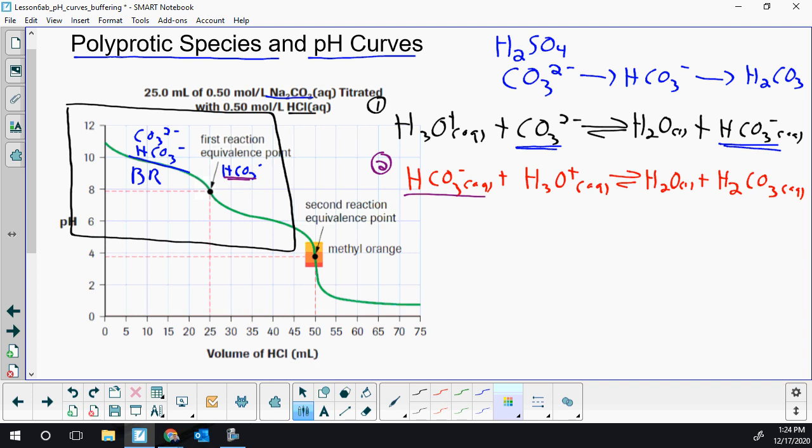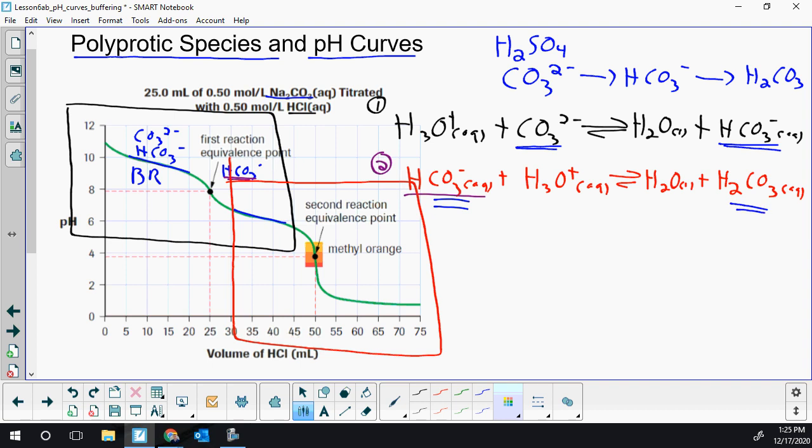So the second reaction, I'll go back to red, the red reaction kicks in during the second half of our reaction, before and after the second equivalence point. Now I had to kind of overlap those black and red boxes. What the black box spits out is the input for the red reaction, or the red box. Now in that red box, the flat region is coming from the chemicals from the second reaction.